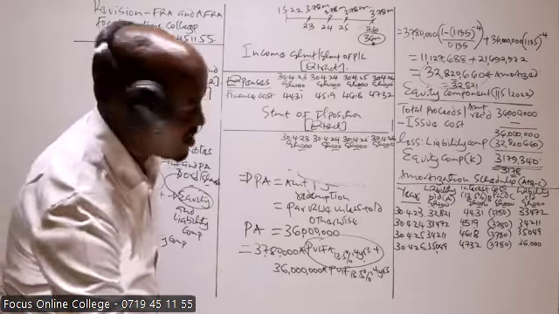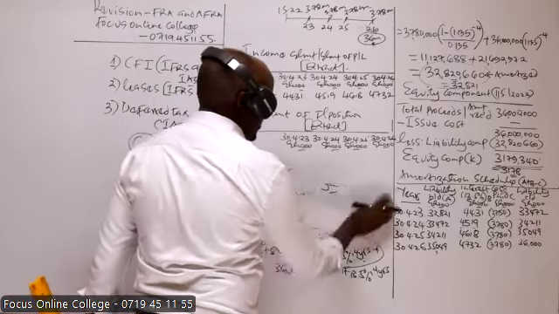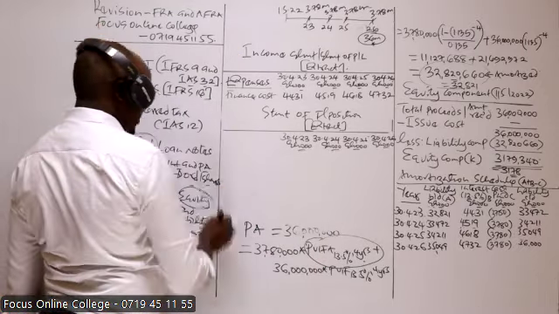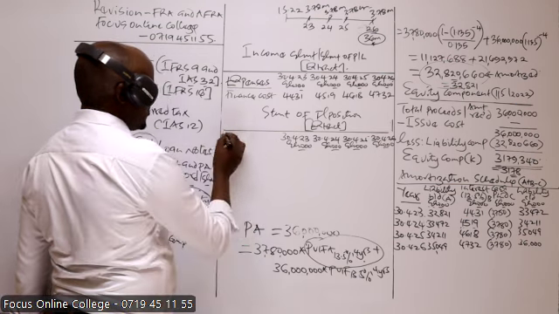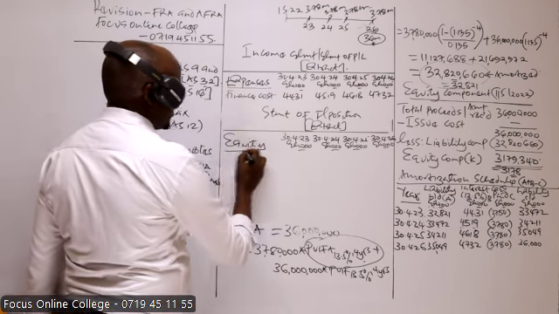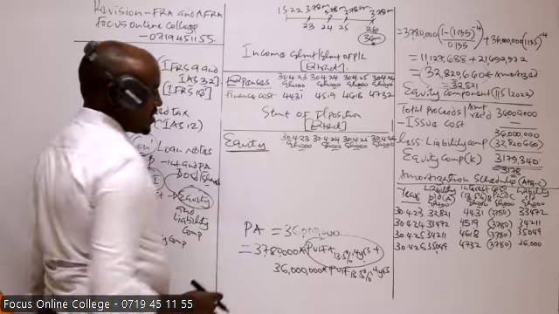The first item we recognize here is the equity component. The equity component is recognized as an item of equity, where we record share capital and reserves.